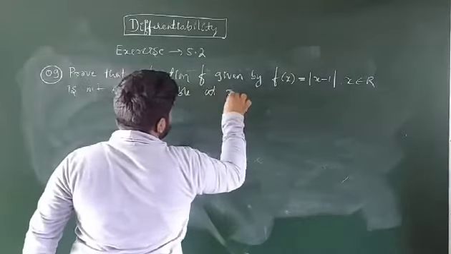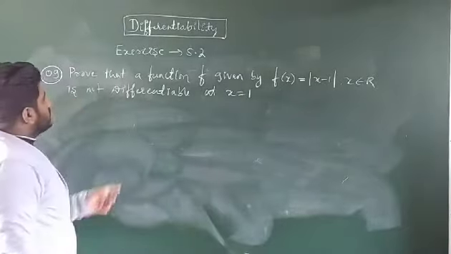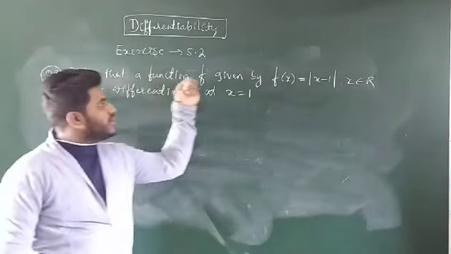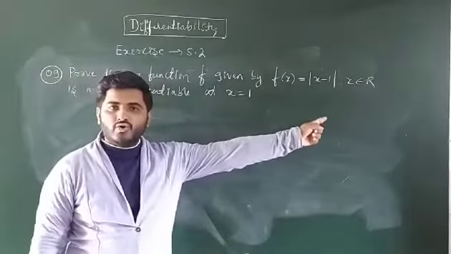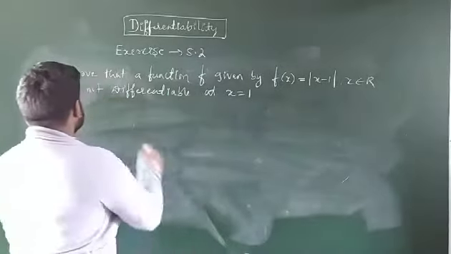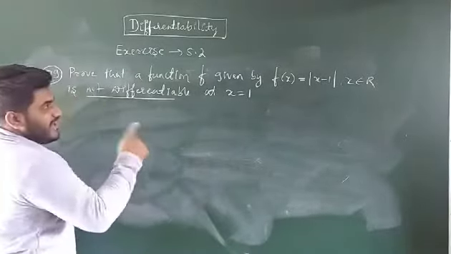So what they have asked, we just have to prove that the function f given by f of x equal to mod x minus 1, where x belongs to R, is not differentiable at x equal to 1.